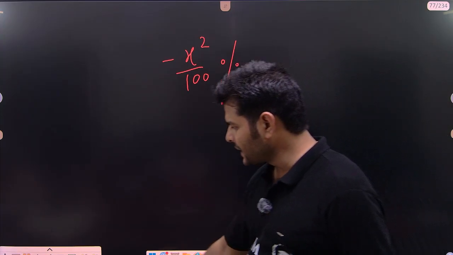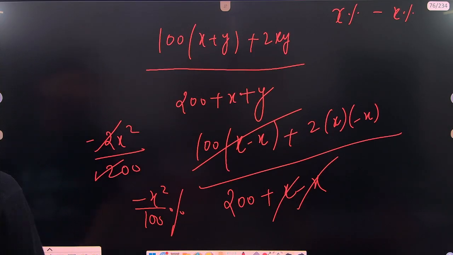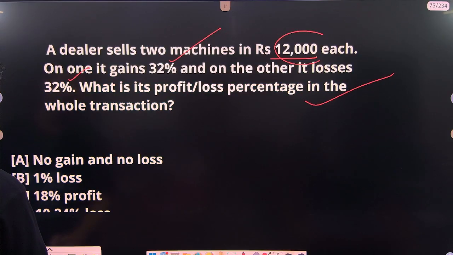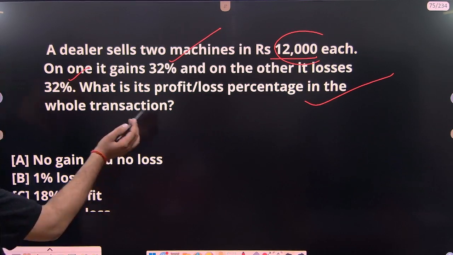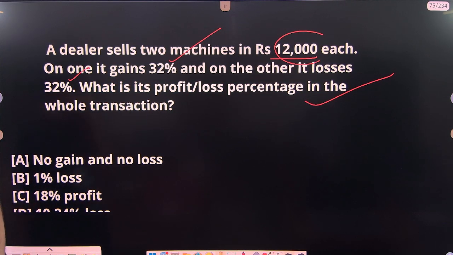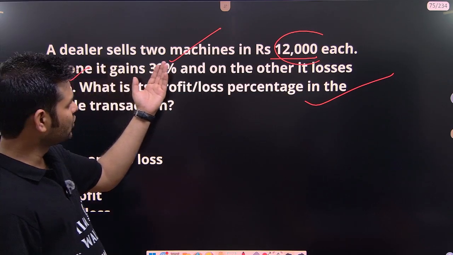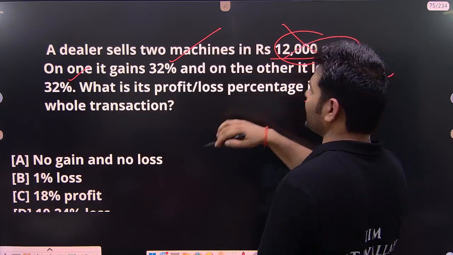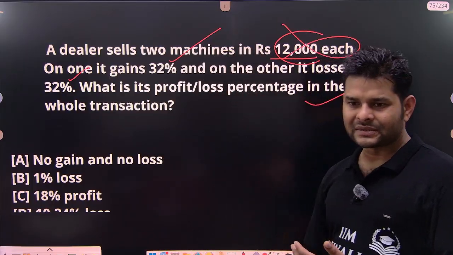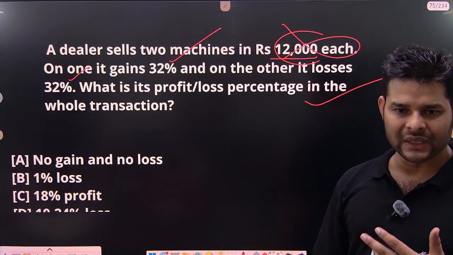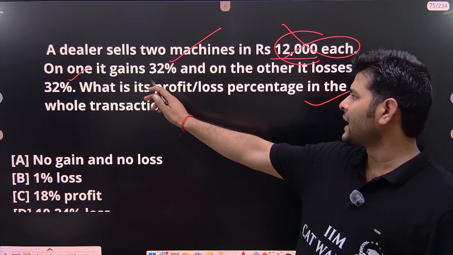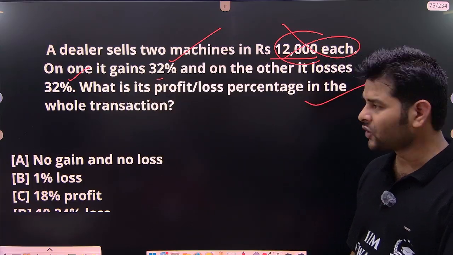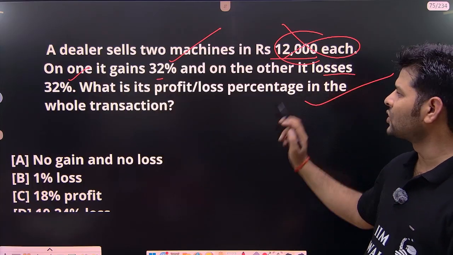So if you see, guys, we have the question number, the second one. The question says a dealer sells two machines in rupees 12,000 each. Basically there is no use of 12,000. Indirectly he is trying to say the SP of both the articles is same, and on one article he gains 32% profit, on the other he loses 32%.